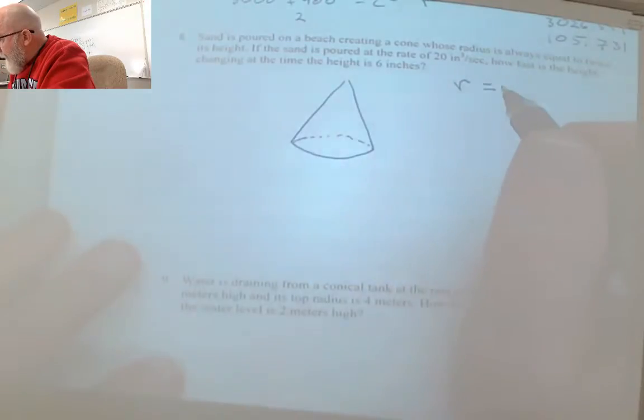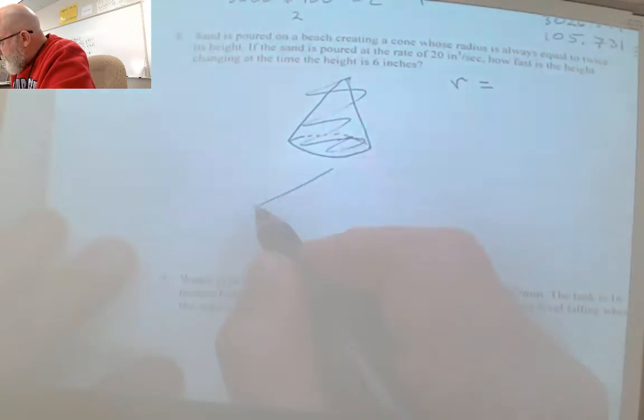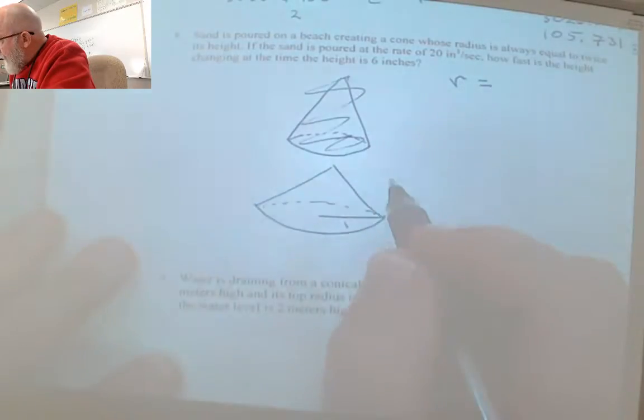So my drawing's really bad. I should read the problem first. Here's the radius is equal to twice the height, 2h.